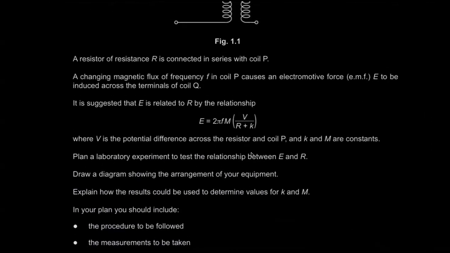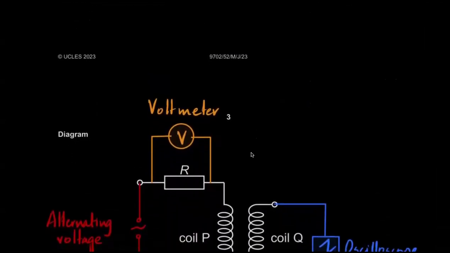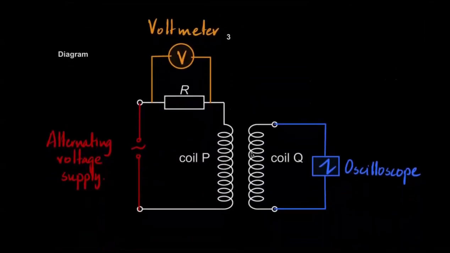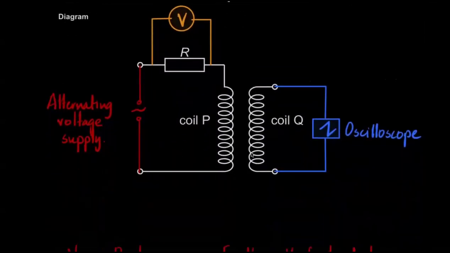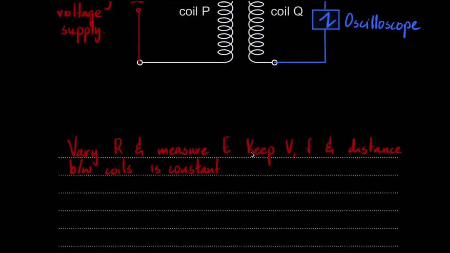You can talk about a simple ohm meter method, which is probably the easiest one to say. Or you can talk about a voltmeter and current method, where for all of these resistors you take the voltage across it and the current through it, and use R equals V over I. But I'll be talking about the ohm meter because that is more time efficient to write. You get the same marks for saying either. So measuring R using an ohm meter just makes more sense.